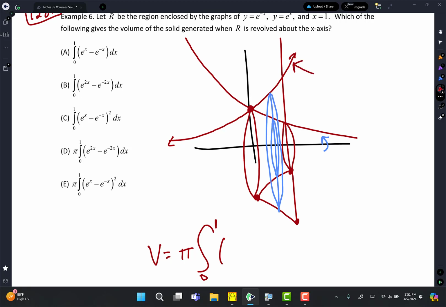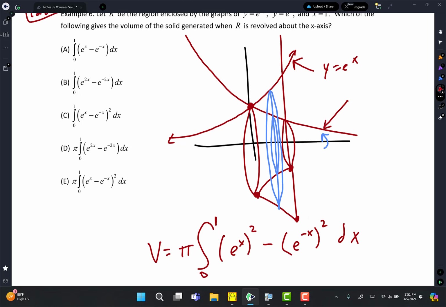What is that graph? That's y equals e to the x. So e to the x, close it, put a square on it, minus, now I need little r, x-axis to this curve right here. What curve is that one? E to the negative x, close it, put a square on it, dx.